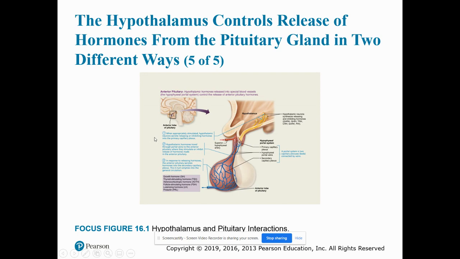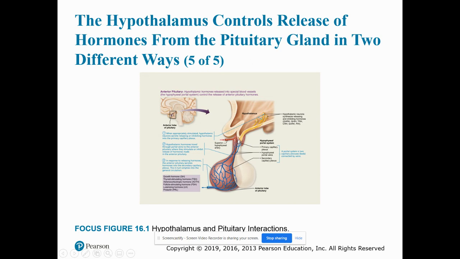When appropriately stimulated, the hypothalamus neurons are going to secrete either releasing or inhibiting hormones into the primary capillary plexus. Okay, so we have these hypothalamic neurons. Here, they're synthesizing either releasing or inhibiting hormones, as the case may be. And it's going to get released into the primary capillary plexus here.